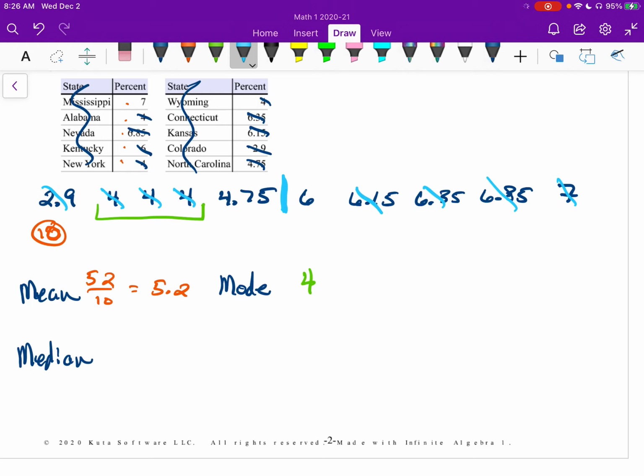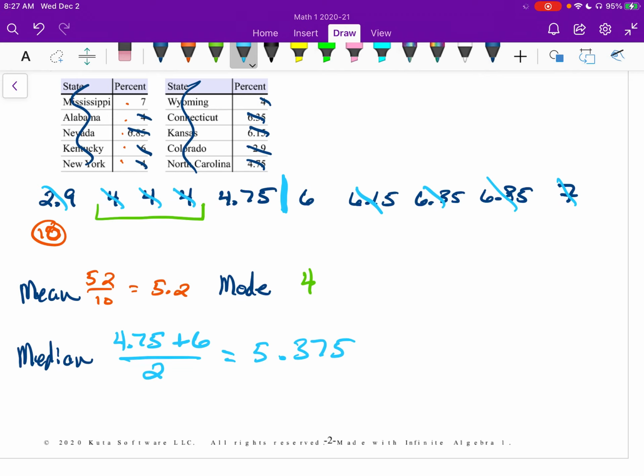Whenever you're in a scenario where your median doesn't come out to be a nice number, you average the 2 numbers that are closest to it. So I'm going to have 4.75 plus 6 over 2. So I type that in my calculator and I say, well, 4.75 plus 6 divided by 2 gives me 5.375.